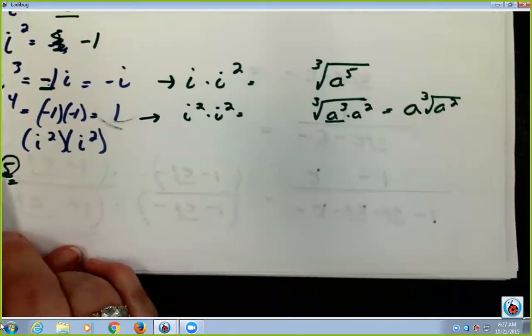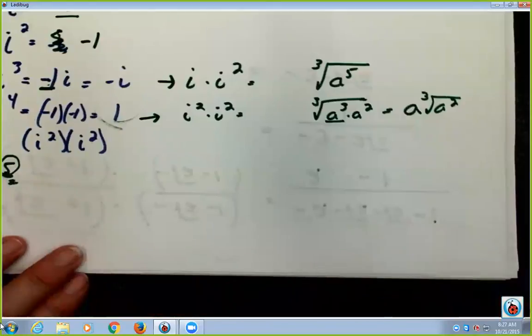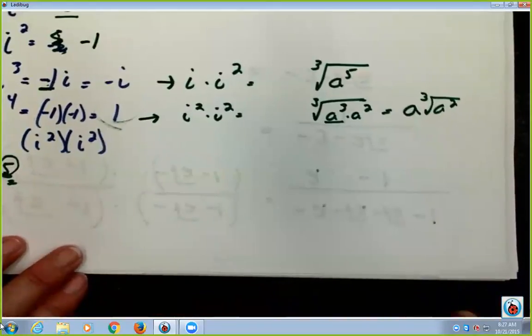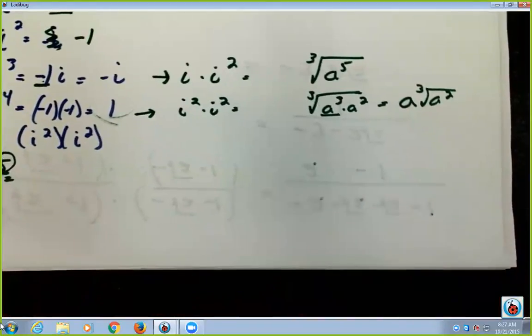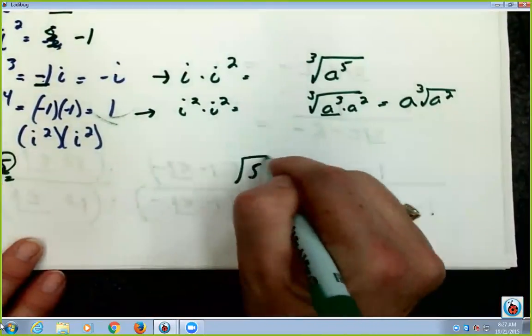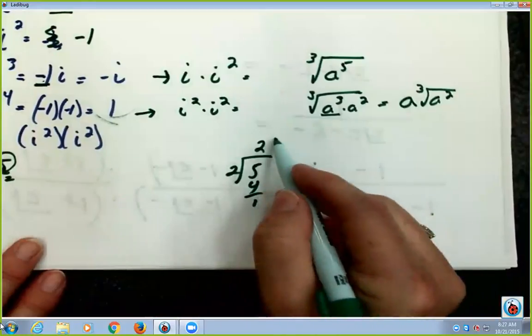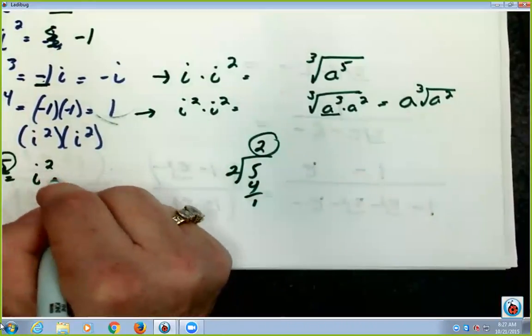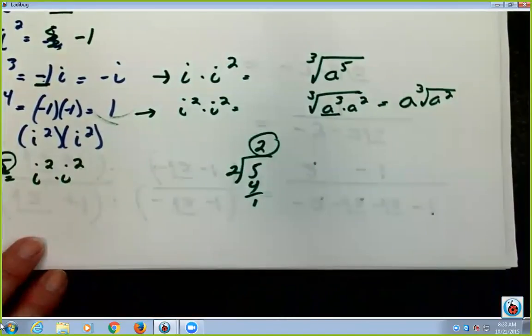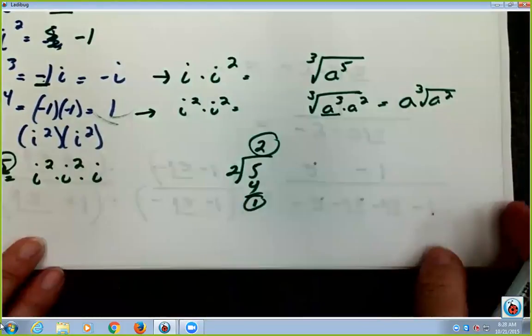Well, if I look at i's to a power, i's to the 5th power, every time I get an i squared, it's equal to a negative 1. So if I look at 5, divide it by 2, I can get 2 groups of i squareds out of that, and my remainder is a single i.